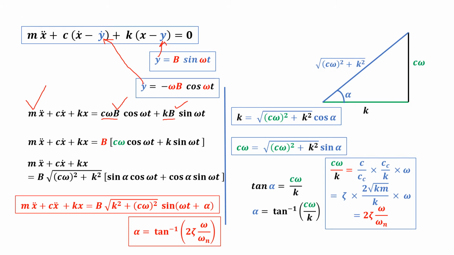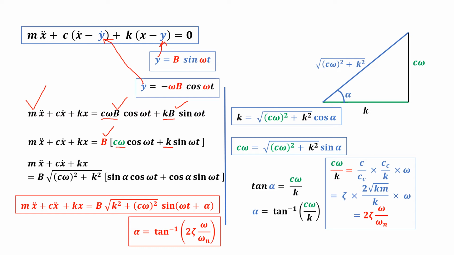Taking b common, we get the equation m x double dot plus c x dot plus k x equals b times square bracket c omega cos omega t plus k sin omega t. Now we have to put the values of c omega and k in terms of an angle alpha.